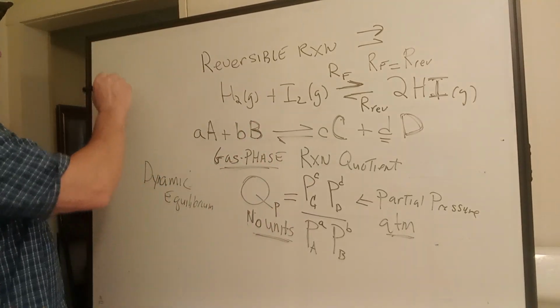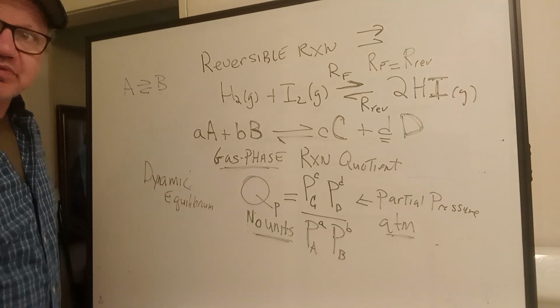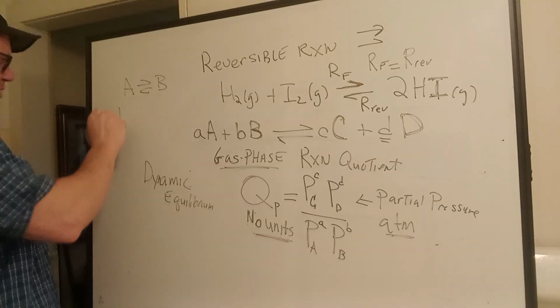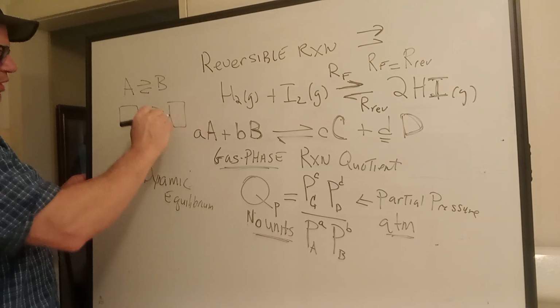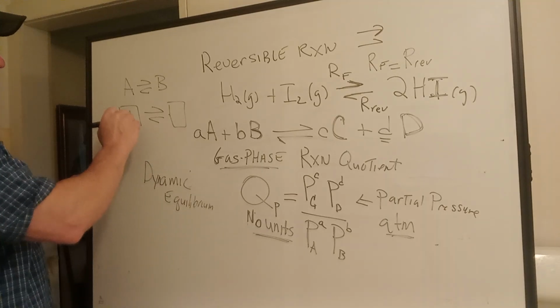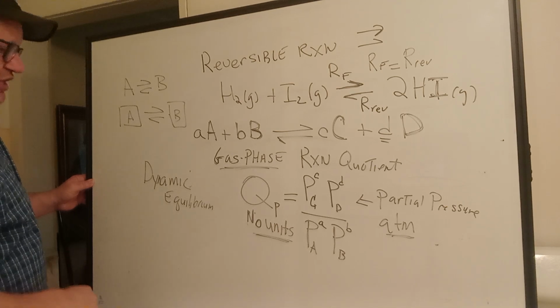Let's just take a system that's A and B going reversibly, just to keep it simple. It could be equal amounts of stuff going back and forth. Those boxes are supposed to be relative amounts of stuff. I'm supposing they're the same. It does not have to be.